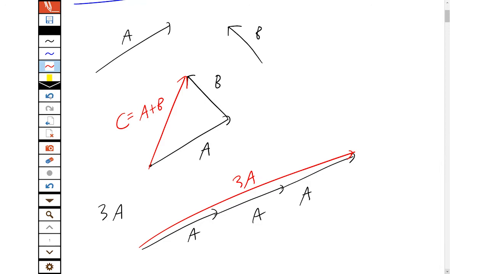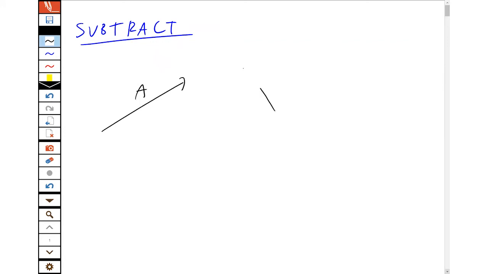Now, what if we want to subtract something? Well, we have our two vectors, A and B, and we can use the fact that in physics, plus and minus are just directions. We've already seen this with our axes.